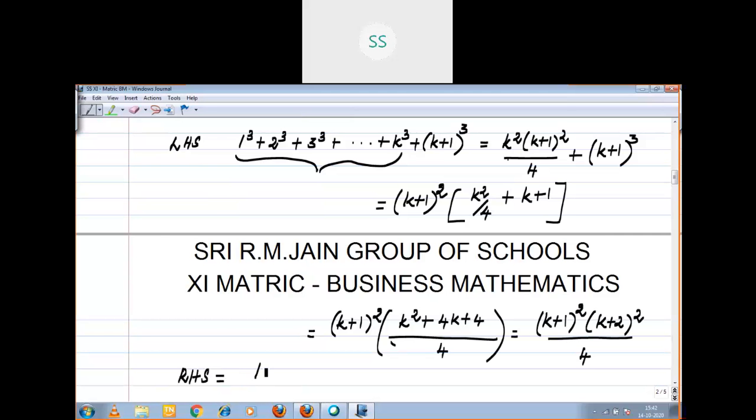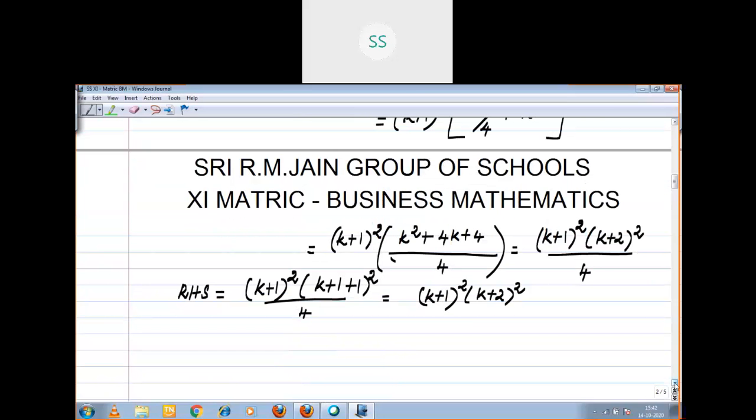Then you have to go for your RHS. Here n can be replaced by k plus 1. So n square into n plus 1 the whole square divided by 4, with n replaced by k plus 1, is equal to k plus 1 the whole square, k plus 2 the whole square, the whole thing divided by 4.